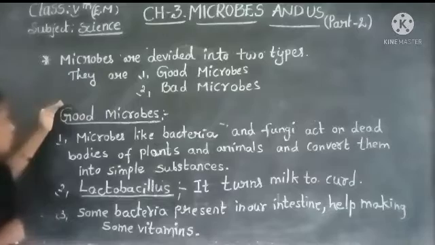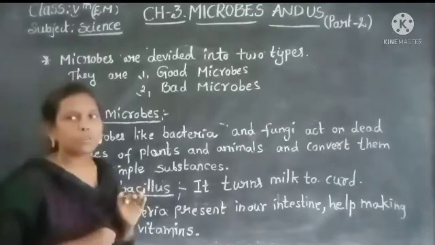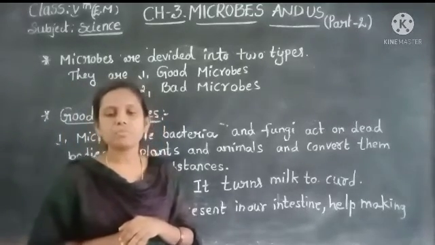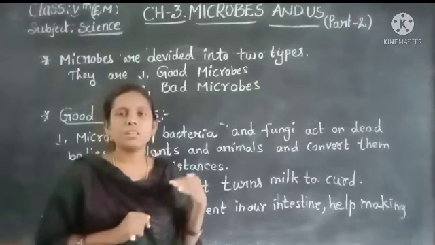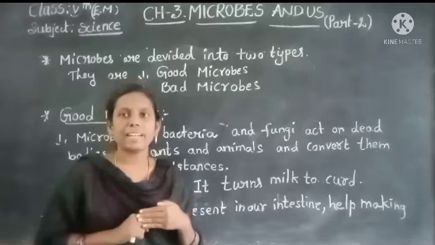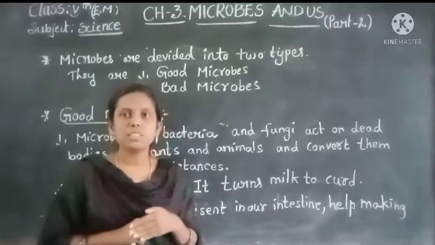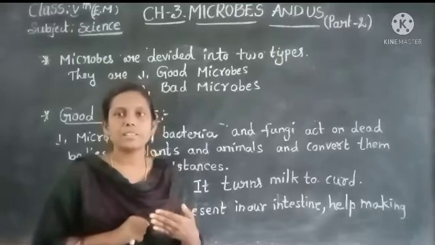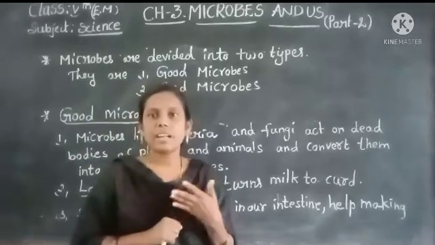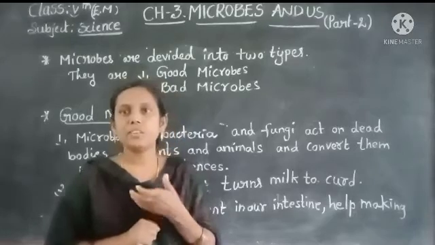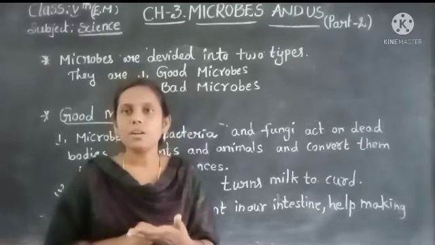Now, good microbes. Good microbes are very useful to us. Some live in the plant's roots and produce nitrogen for the plant. They absorb the nitrogen, change it into ammonia and supply it to the roots.